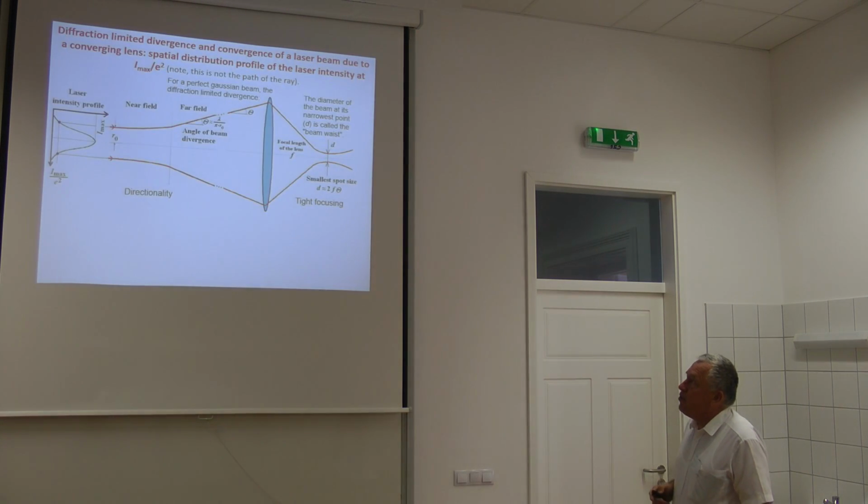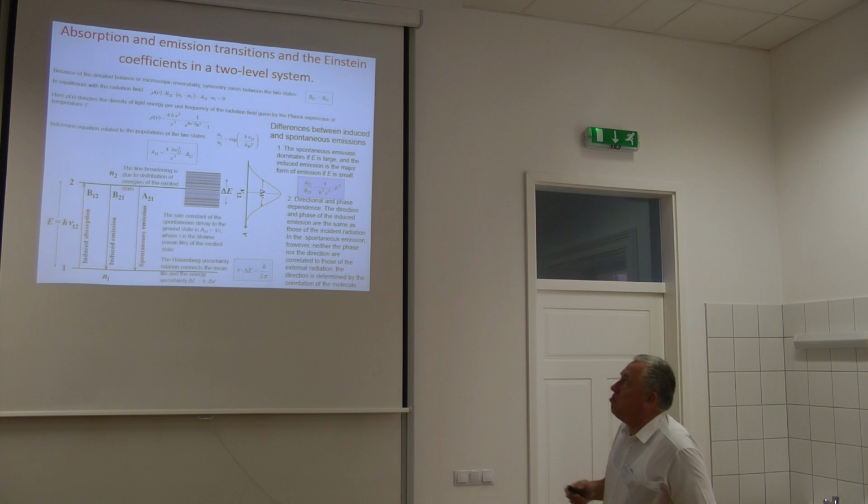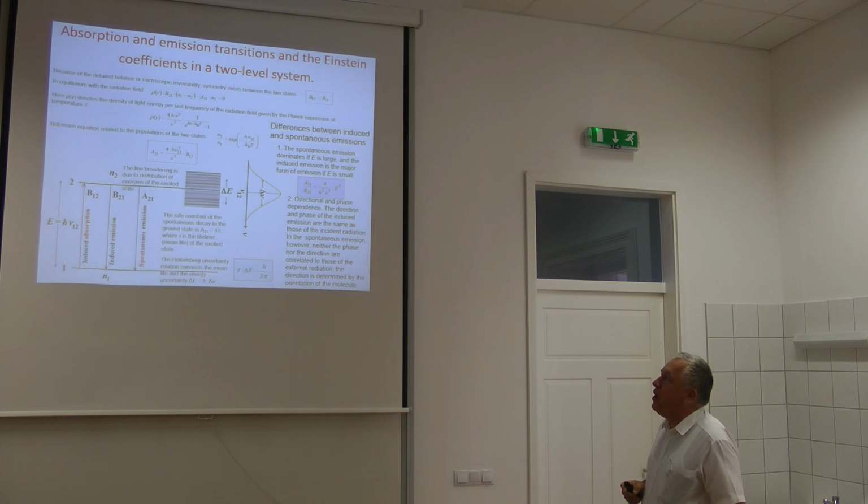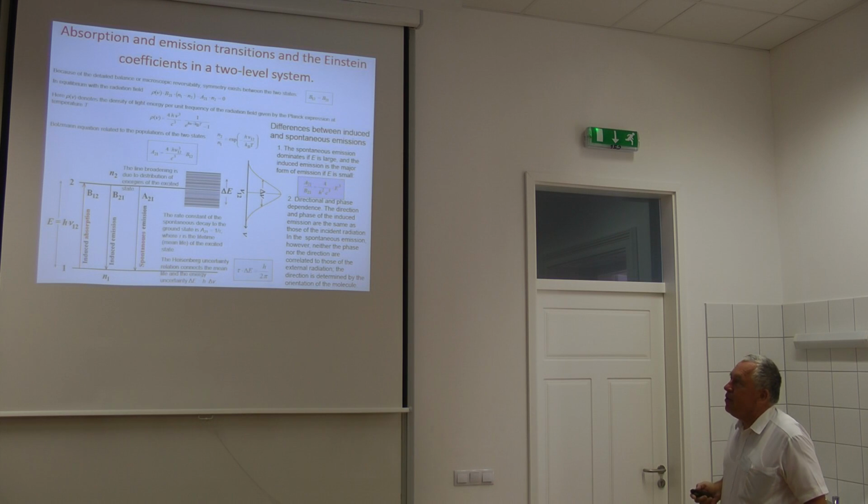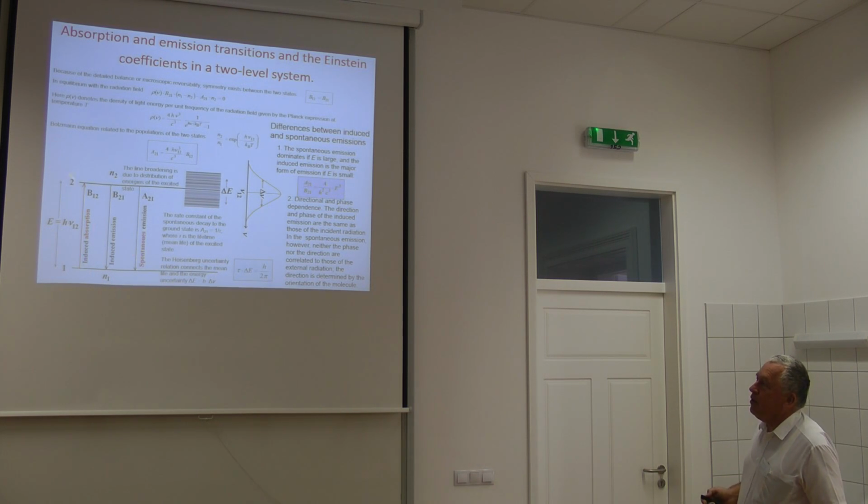Okay, so these are the other steps. Just to refresh your mind about two-state physics: how absorption, spontaneous and induced emission can be derived, how the Einstein coefficients can be derived from Planck's expression and how they are related, and how the Heisenberg relationship determines the delta E, which is practically the energy broadening of the light.